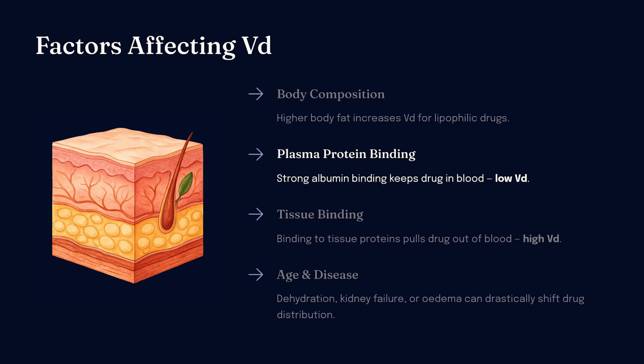Strong binding to albumin keeps the drug within the bloodstream. In contrast, tissue binding pulls the drug out of the blood and therefore increases VD. Finally, age and disease can alter body fluid compartments. Conditions such as dehydration, kidney failure, or edema can therefore significantly shift drug distribution and change the VD.